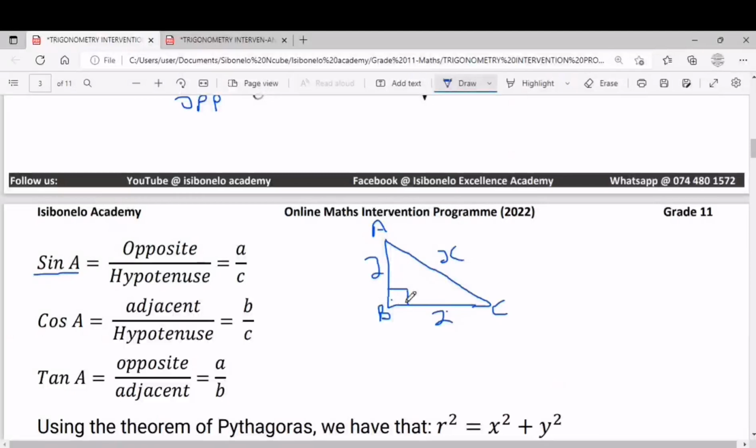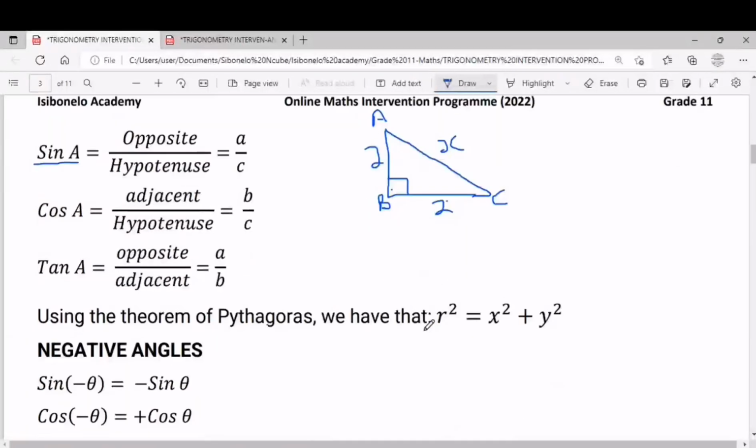So once we are given a triangle with two sides and there is an unknown side, you can solve for that unknown side using the Pythagoras theorem. So when you use the Pythagoras theorem, what is the formula? r squared is equal to x squared plus y squared. So this is the Pythagoras theorem we use.